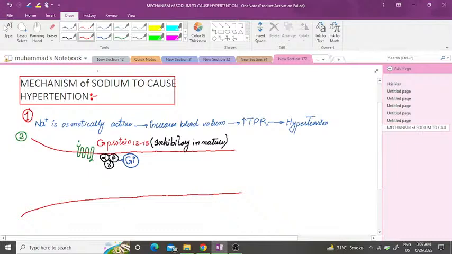On the surface of the blood vessel there is another effector protein called adenylyl cyclase.